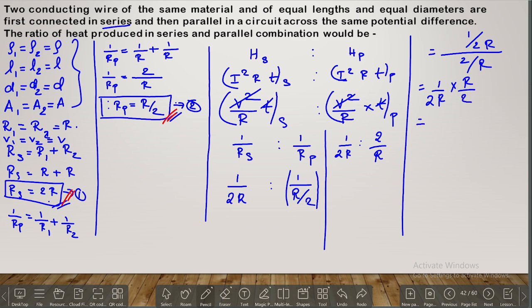So 1 into R, and 2 into 2R is 4R. So R will cancel each other. Remaining, what will be there? 1 by 4 alone. So you can write that the heat produced in series is to the heat produced in parallel is equal to 1 is to 4.